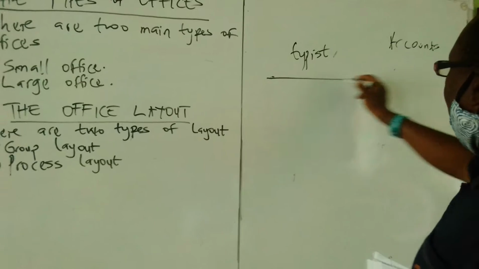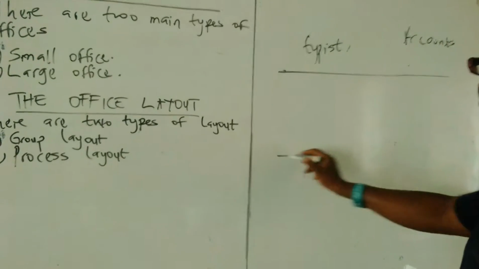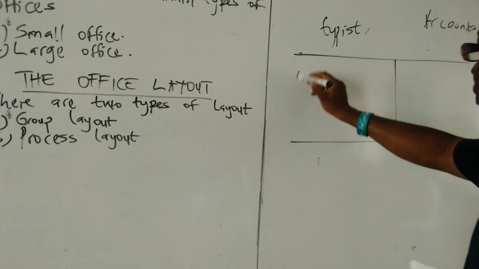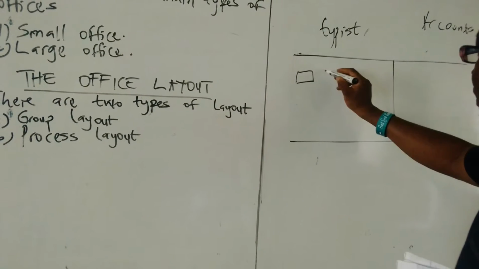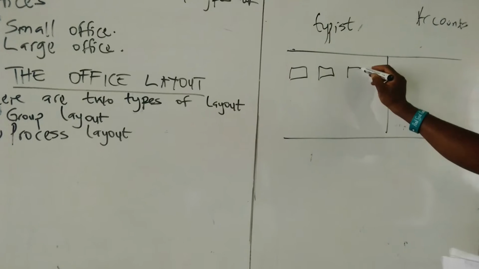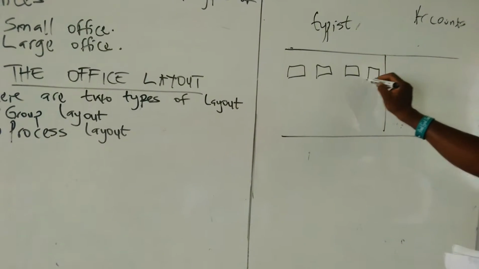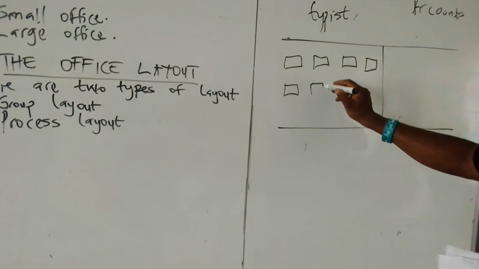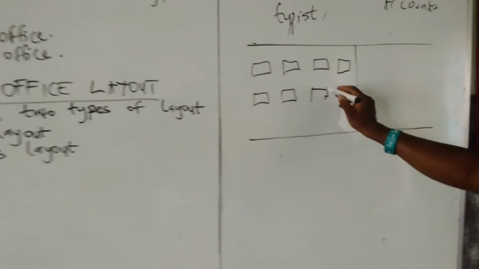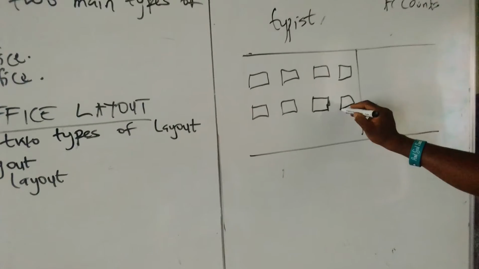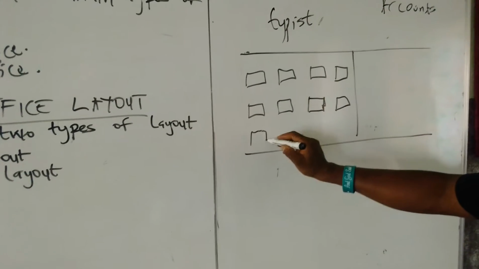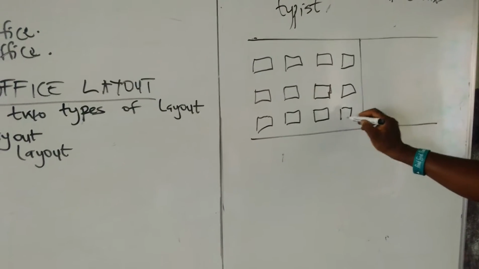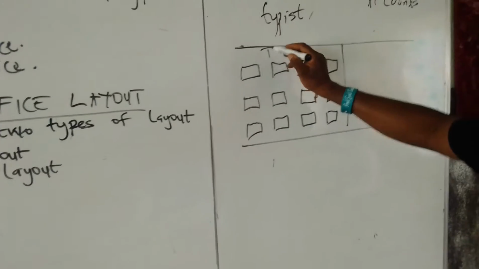Take for example, this is an office. In that layout, this is the layout for the typist of the organization.